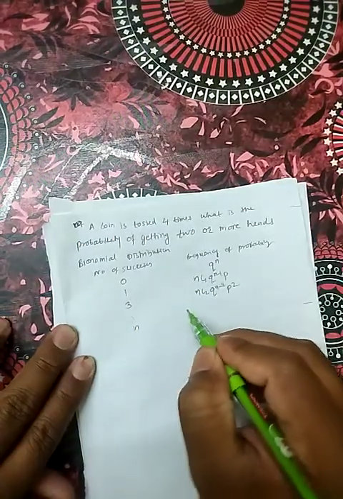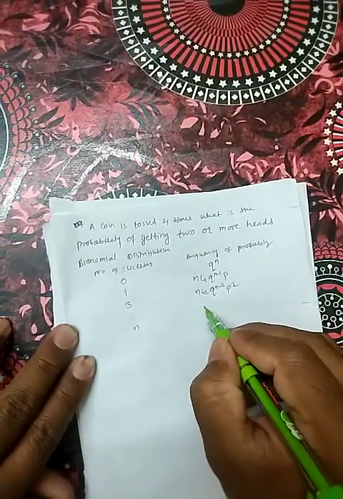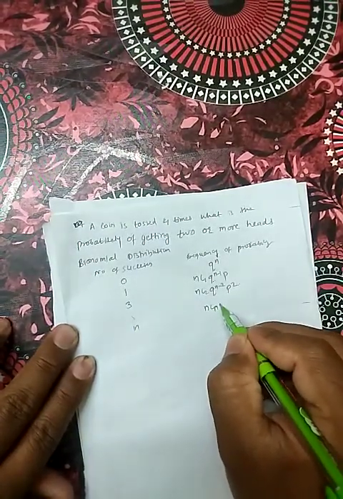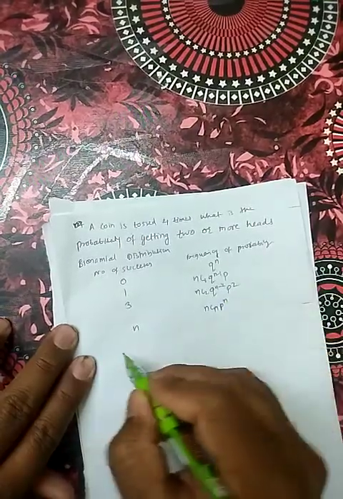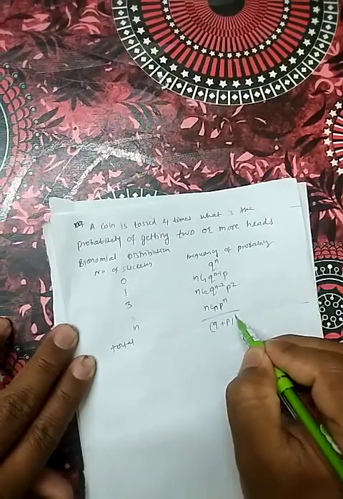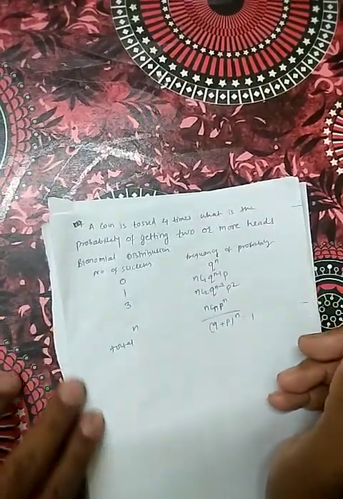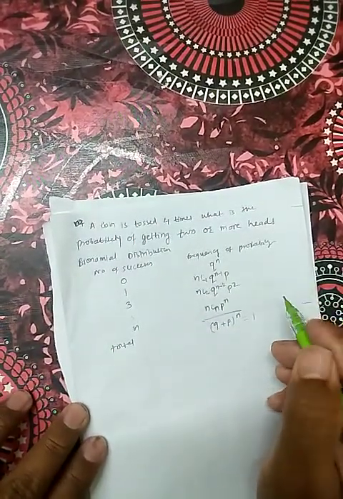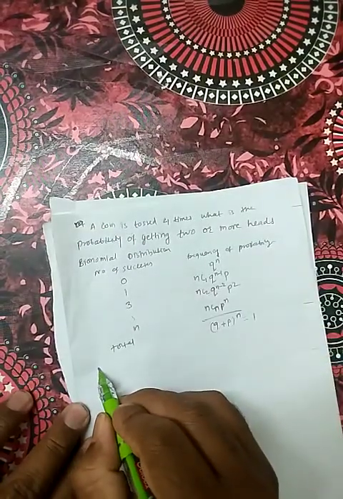So up to n, we get ncn p raised to n. So total is (q plus p) raised to n equal to 1. This is the binomial distribution.